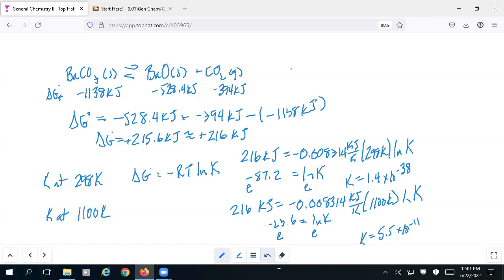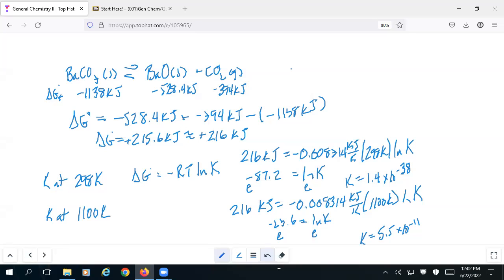Now, if you take a burning wood splint and put it over the mouth of the flask, the carbon dioxide would basically extinguish it. So we know that this is kind of distorted, but based on the way that we're using these equations, that's what we're going to have to go with.